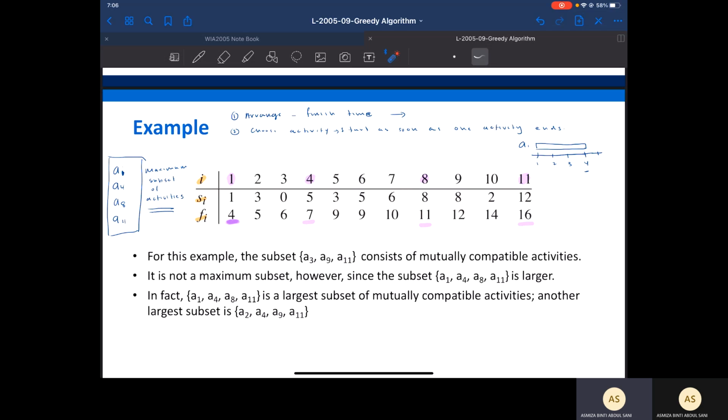completed. Okay, you can also have a subset whereby you start with A3 and then the next one is A9 and A11, but this subset only contains 3 activities, and then by applying the greedy approach, you can get 4 activities, which is A1, 4, 8, and 11.